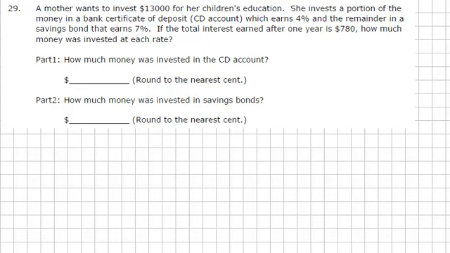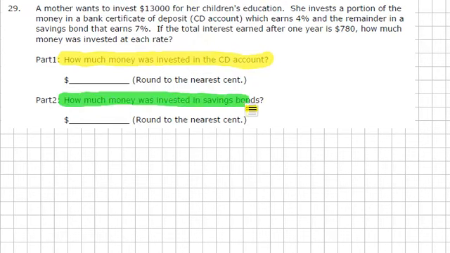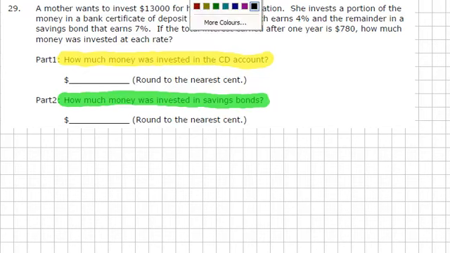Notice first of all that there are two unknown quantities in this problem. The first unknown quantity is how much money was invested in the CD account. The second unknown quantity is how much money was invested in savings bonds. So we'll assign a variable to each of these unknown quantities.